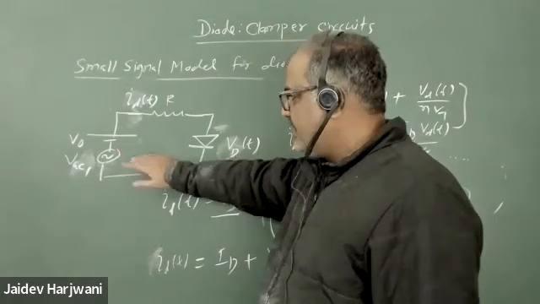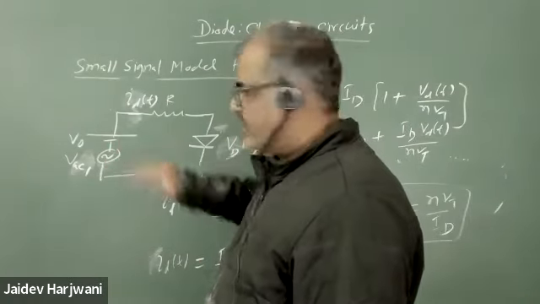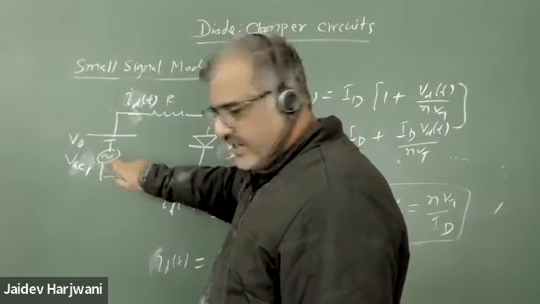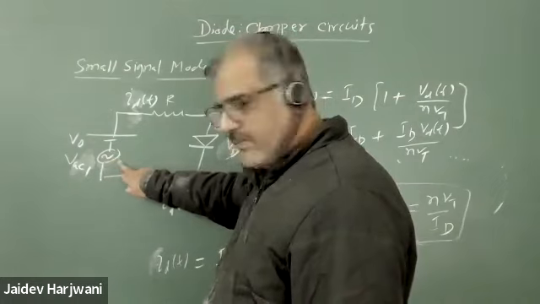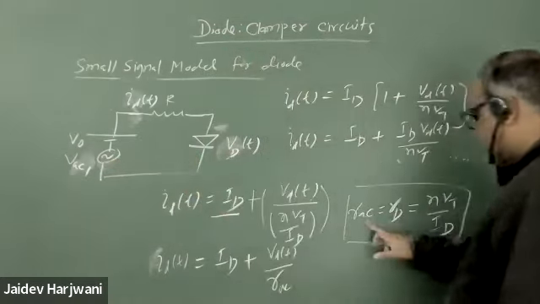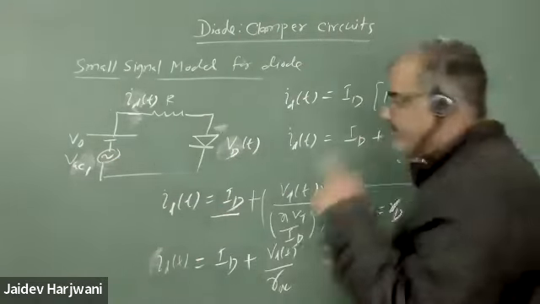This is the superposition principle. When I want to see the effect of the AC source, the diode simply can be replaced by a resistance called eta V_T upon I_D. Are you getting it?